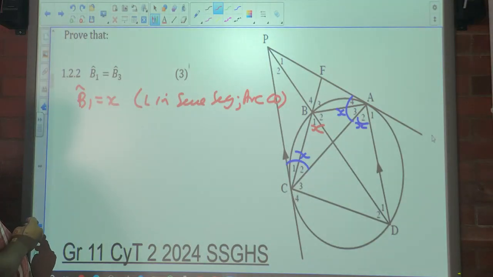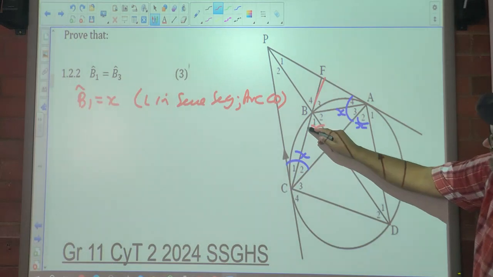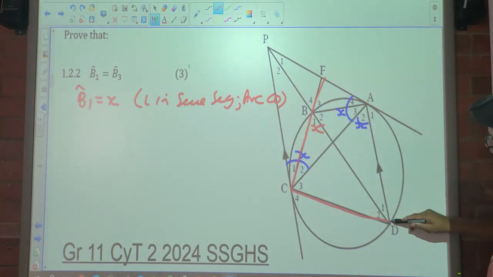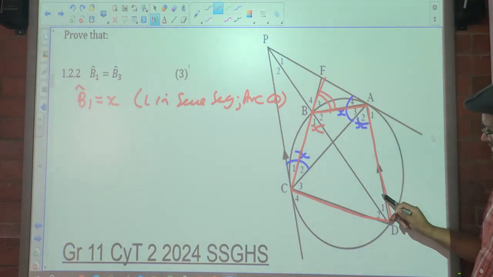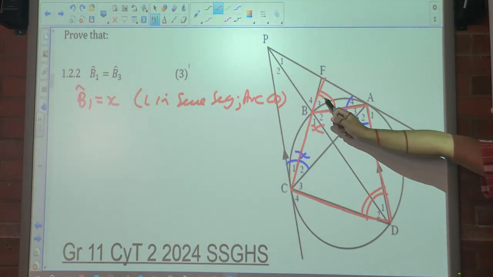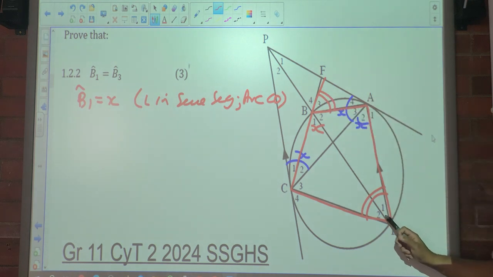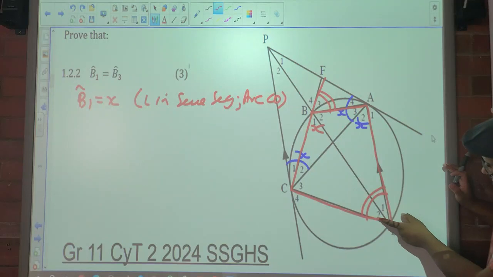Okay. So now I must still prove that B3 is X. You see here, B3 is also equal to D1 and 2. Why? Exterior angle of cyclic quad equals the interior opposite. So if I can prove that D1 and 2 is X, I've done the job.